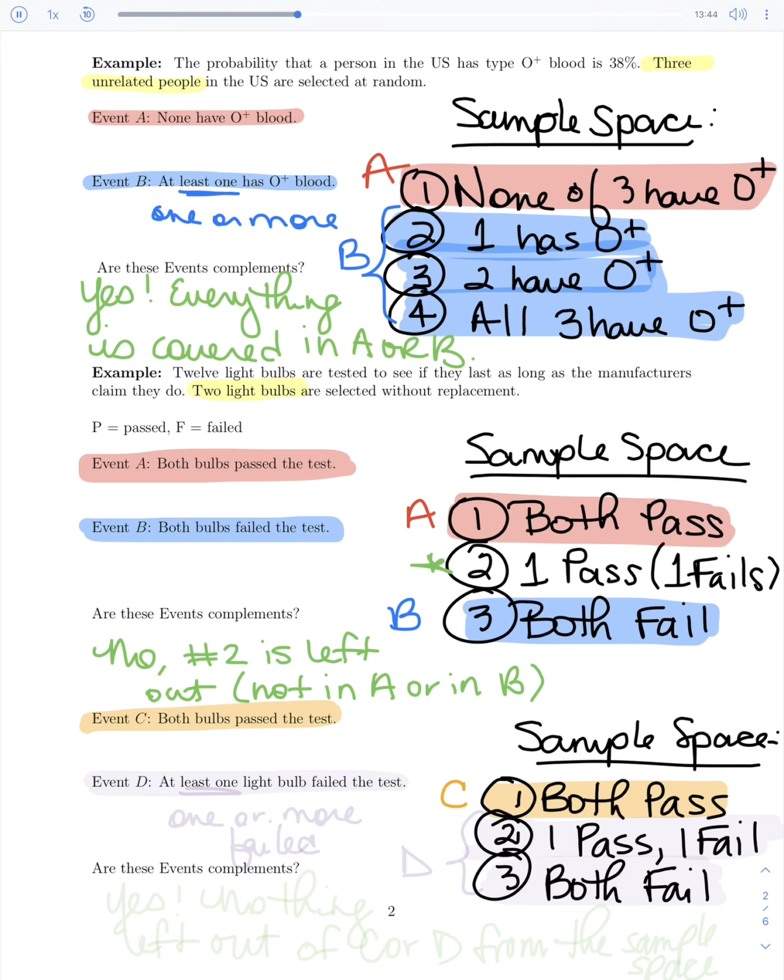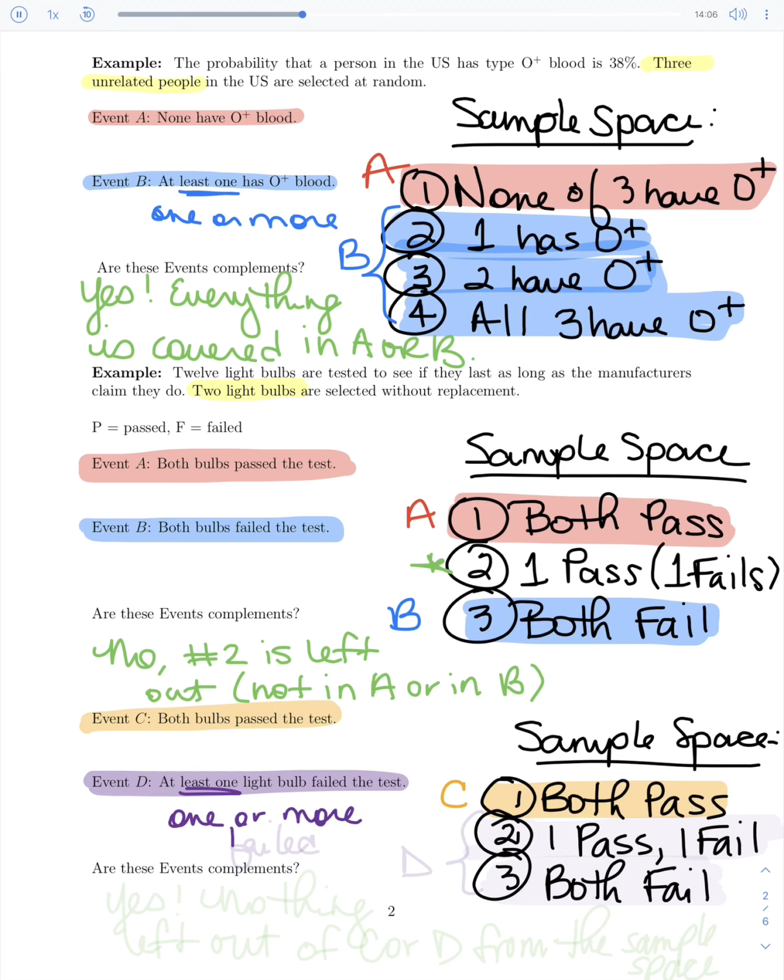Let's see what event D is. Event D, however, is that at least one light bulb failed the test. At least one failed means one or more failed.